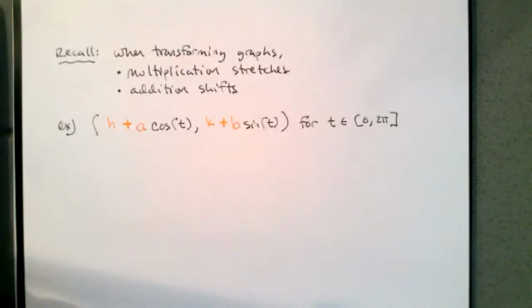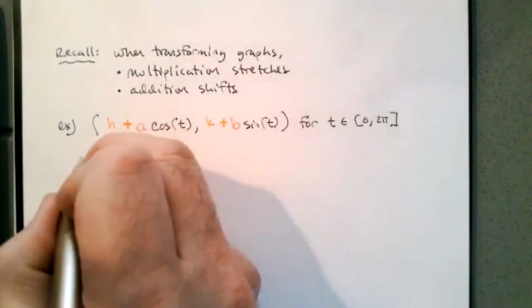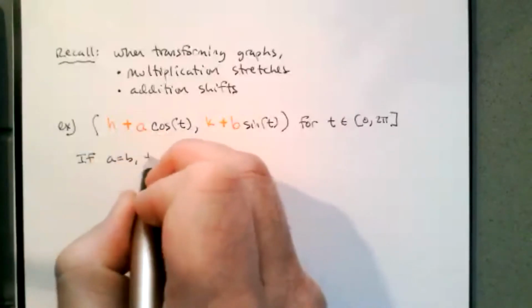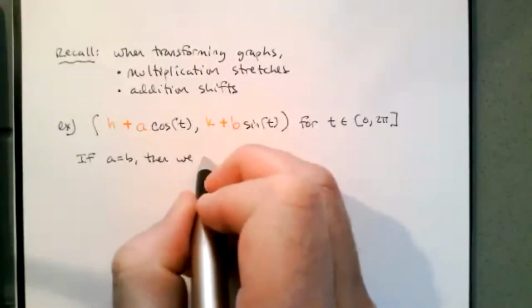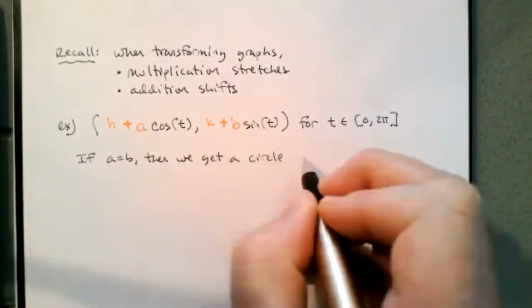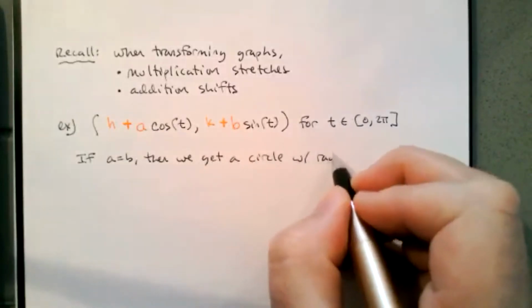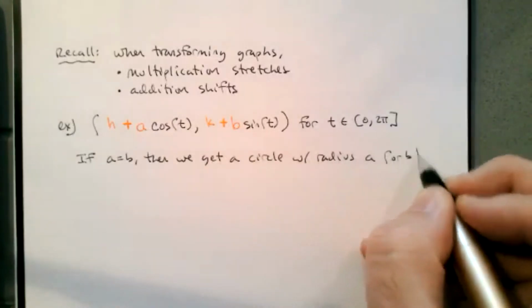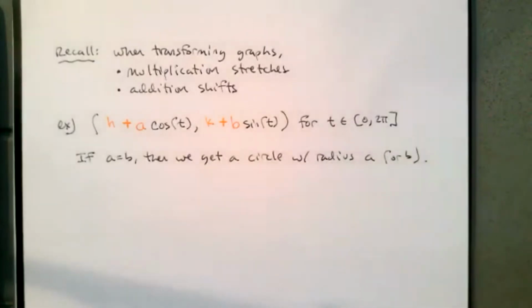So now, if a is equal to b, then we'll have a circle with radius a or b, because they're the same. And if a is not equal to b, then we get an ellipse.